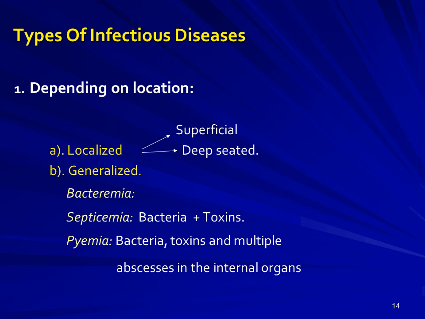If the bacteria present in the blood are able to produce toxins, now the bacteria plus toxins are present in the blood, which is known as septicemic condition. And if these bacteria and toxins are able to produce multiple abscesses in the internal organs of the body, then that is known as pyemia. Bacteremia is not that dangerous, but septicemia is a bit dangerous, which causes septicemic shock, and pyemia definitely is a fatal condition in any individual.